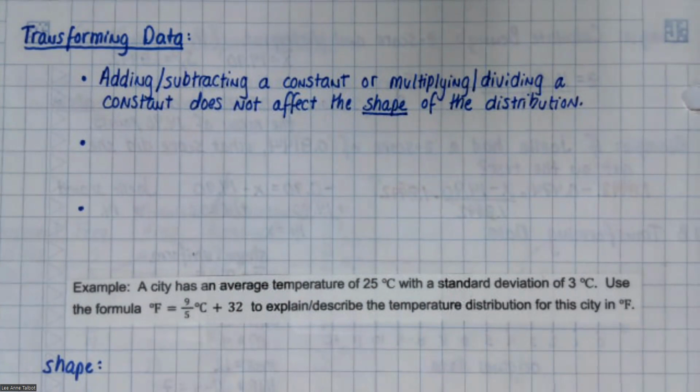Okay, so bullet point one, adding, subtracting a constant or multiplying, dividing a constant does not affect the shape. So if it was uniform, it stays uniform. If it was right skewed, it stays right skewed. If it's symmetric, it stays symmetric. Does that make sense? Okay.